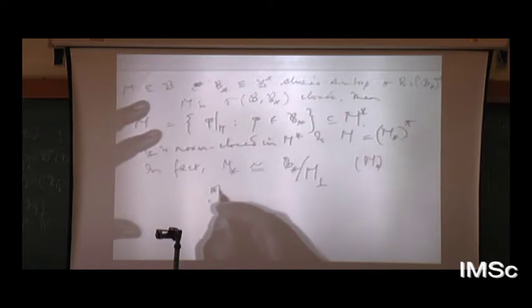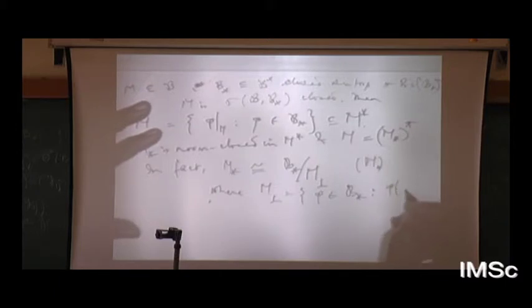I prefer this notation, but in the book he uses the notation M0, where this M lower perp is all those phi in B star such that phi of M equals 0.